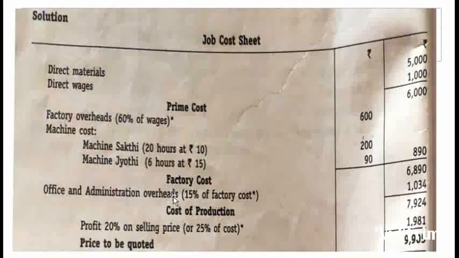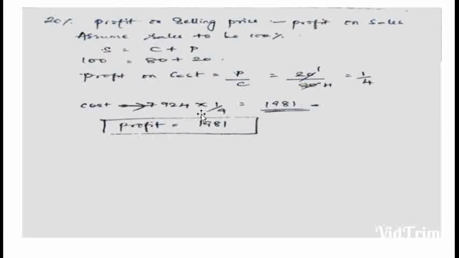So if you look into the problem, 20% on selling price or 25% of cost, which is nothing but 1 by 4. So this is an easy method to follow. How do you get 1 by 4? Through this. First assume sales to be 100% if it is profit on sales. Then check whether you have cost or whether you have sales. As you know your cost here, you don't know your selling price, the formula will be profit divided by cost.